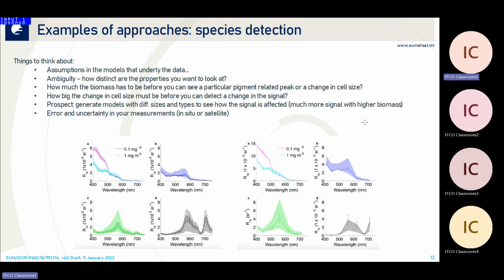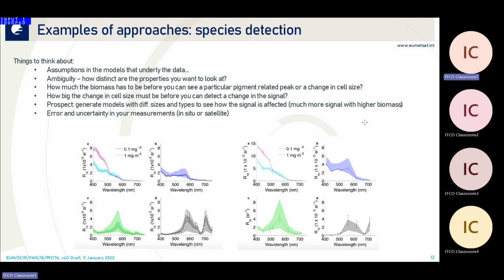How much biomass do you need to be able to see the particular pigment that is causing this peak, or how big is the change in the cell size, which is going to be the clue to distinguish between different species, to produce this change of detection in the signal. So we need to understand very well what we have and what we can see with the data we have.